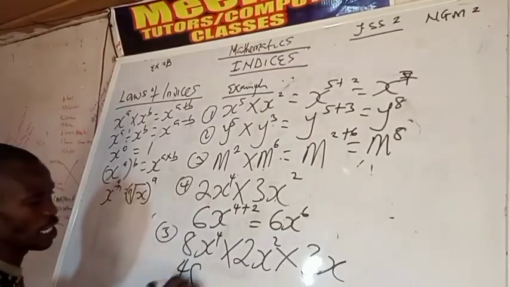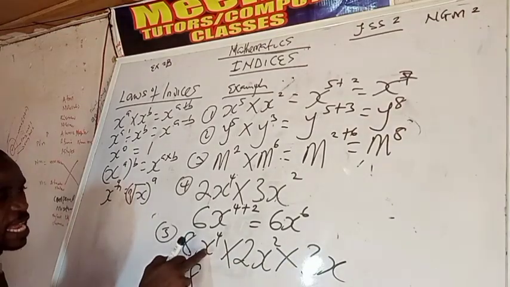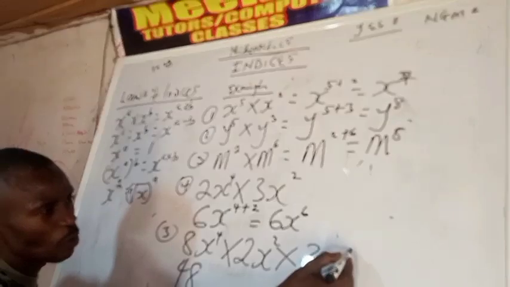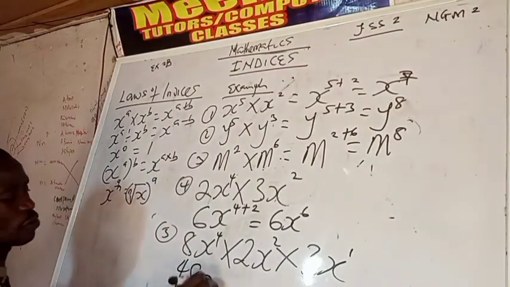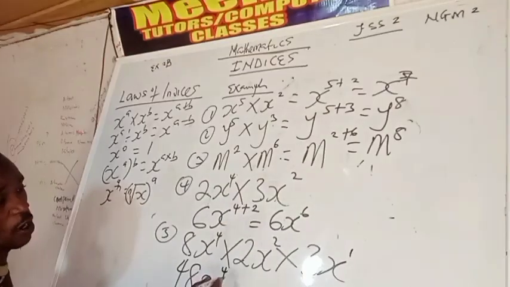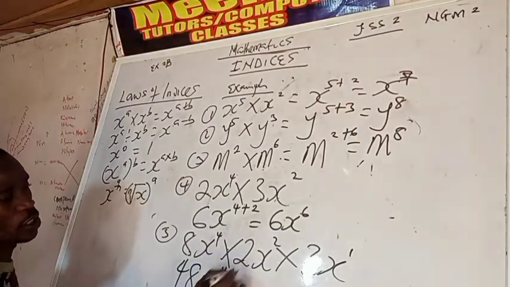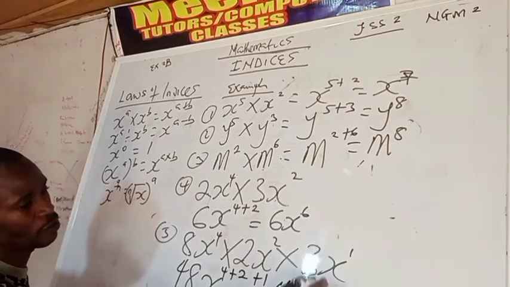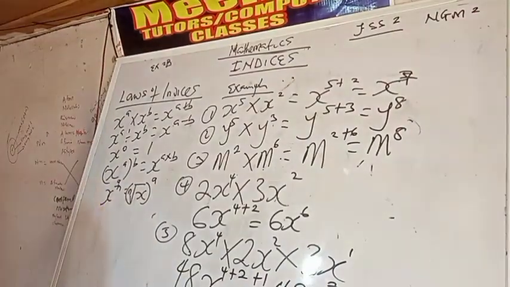This one becomes 48, number for number. Then indices for indices. There is nothing here, then you make it to be what? 1, the same thing as x raised to power 1. So this one becomes x raised to power 4. Are we clear with that now? x raised to power 4 times x squared times x becomes 4 plus 2 plus 1. What do you have? 48x raised to power 7. Take it down and let us proceed.